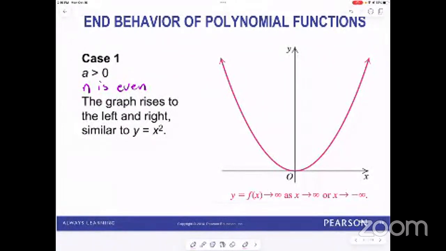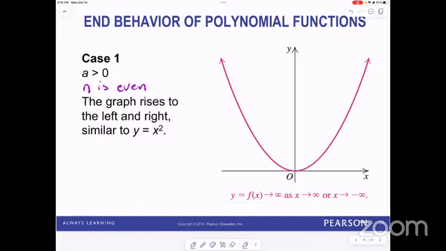In this first case, our a, which is our leading coefficient, is positive, and the degree of our polynomial is even. Not to be confused with even and odd functions, like we discussed a moment ago. This n is referring to the degree of the polynomial, or the power function in this case.